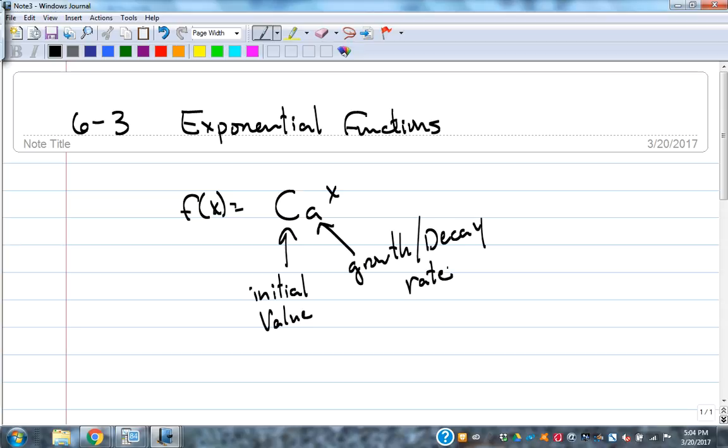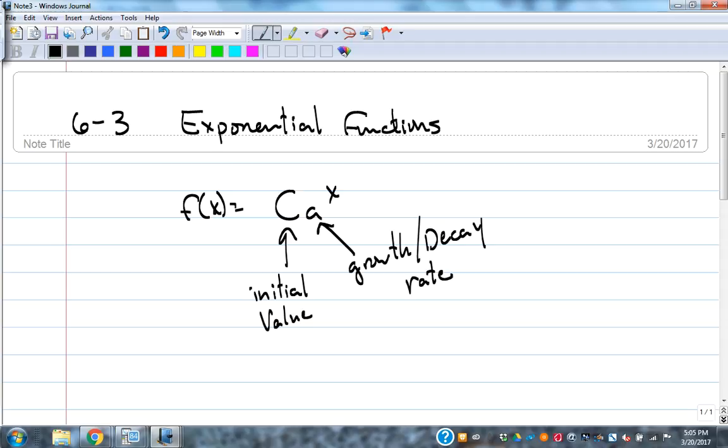And then that x is the exponent. It's usually time if we're talking about a real world situation. Savings accounts and banks, exponential growth on their money. It's a little different formula, a little bit more added to the formula here, but we'll get to that eventually. But exponential, that's what it's going to look like.